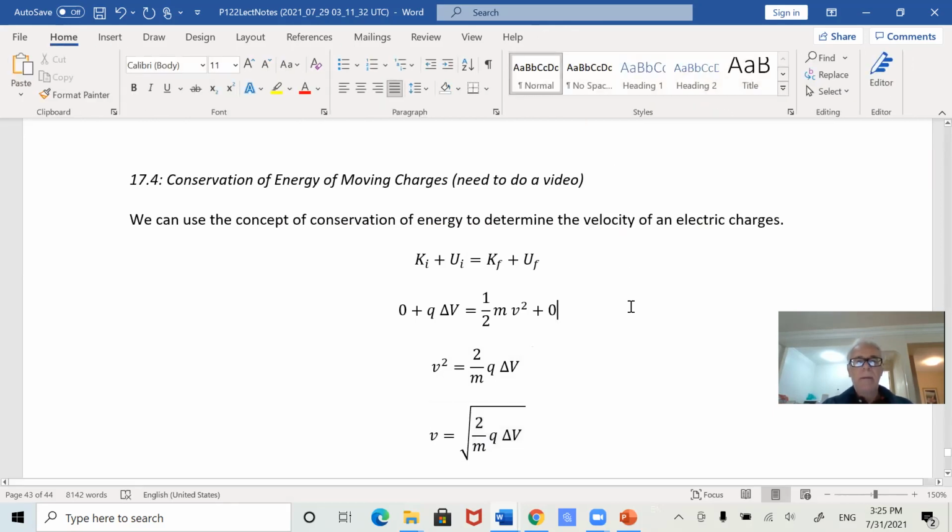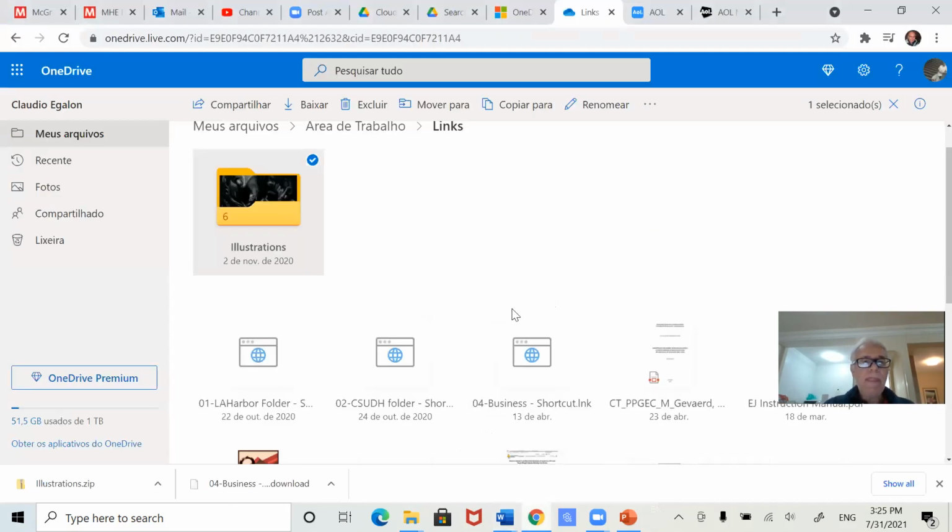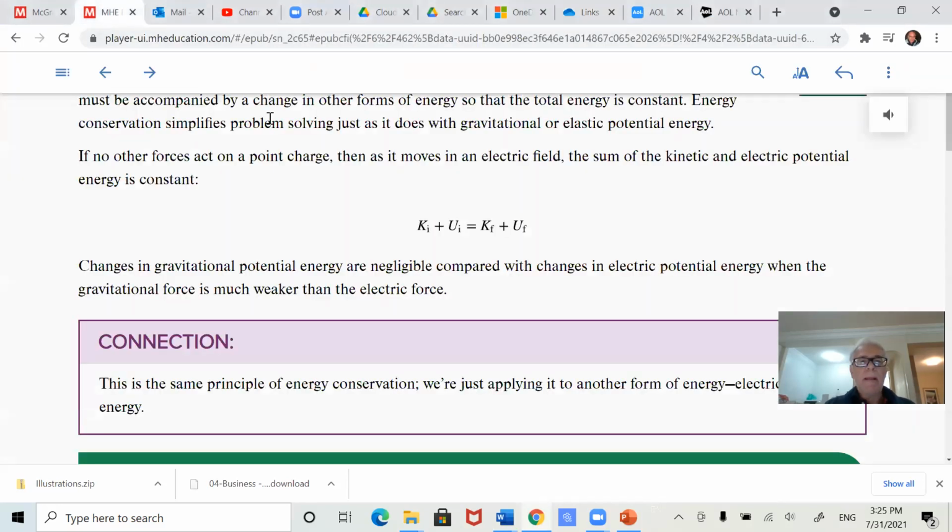Okay, like that: v equals the square root of 2 over m times q delta V. That's one example of conservation of energy. Going back here to the book, that's what we have right in here.